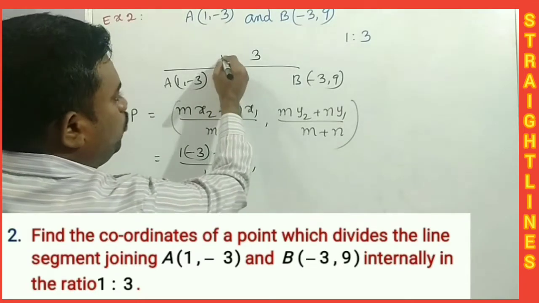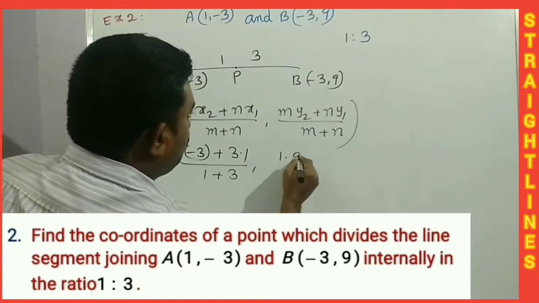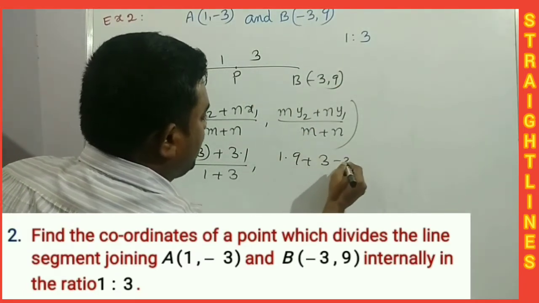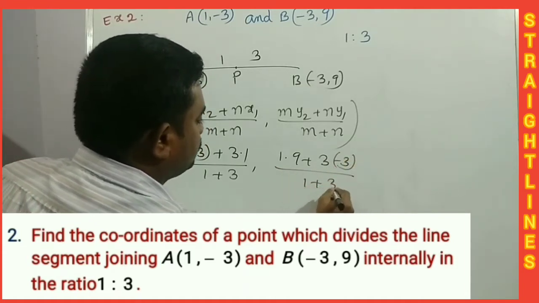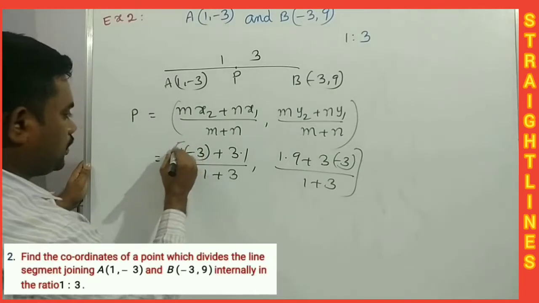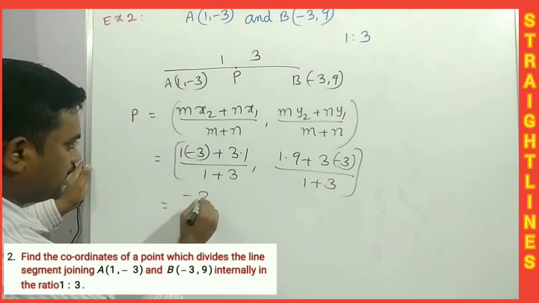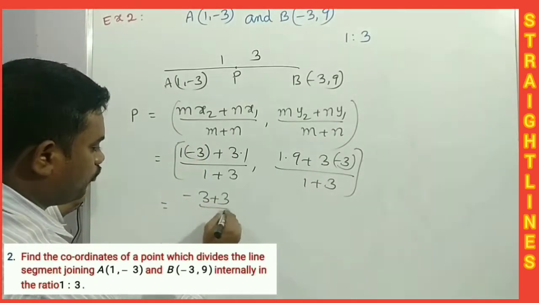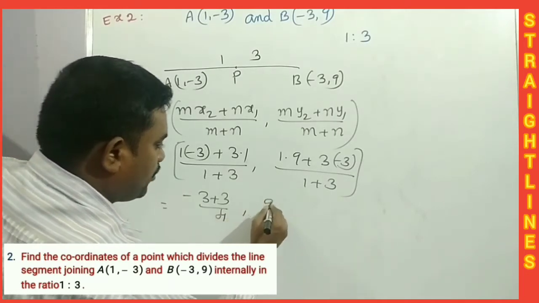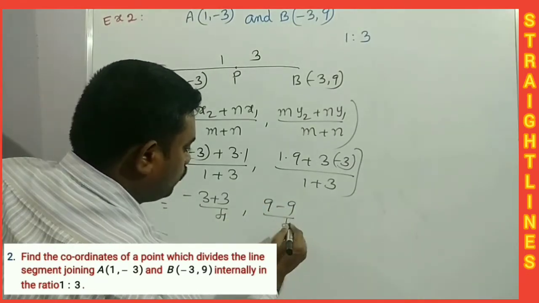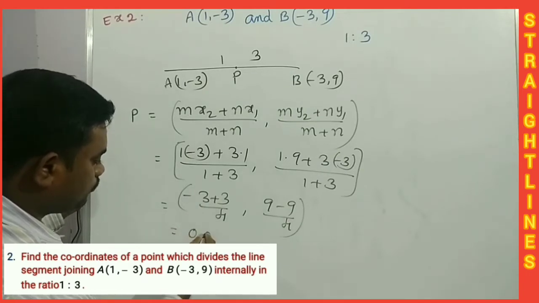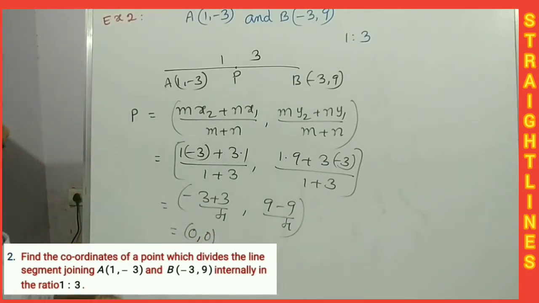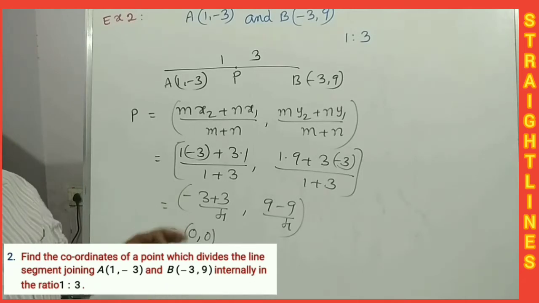Next my2, 1 into 9 plus 3 into minus 3 by 1 plus 3. It is equal to (minus 3 plus 3) by 4, (9 minus 9) by 4. It is 0, 0. So the coordinates of P are (0, 0).